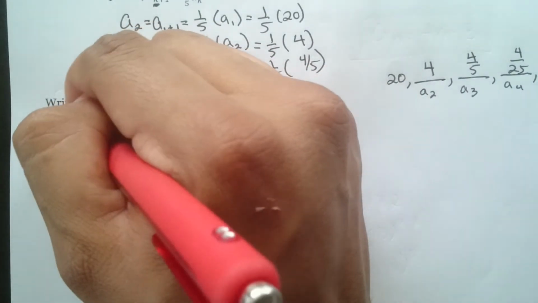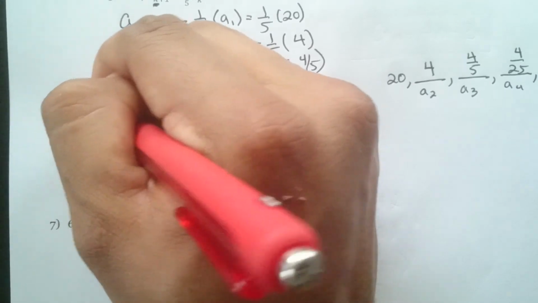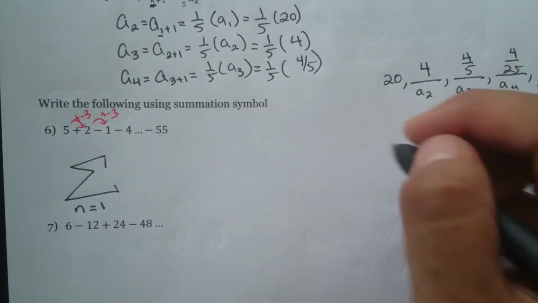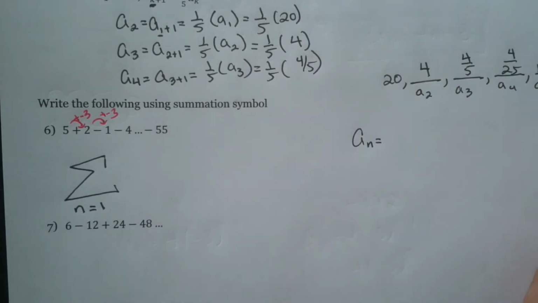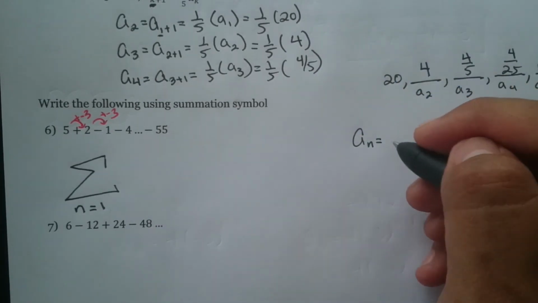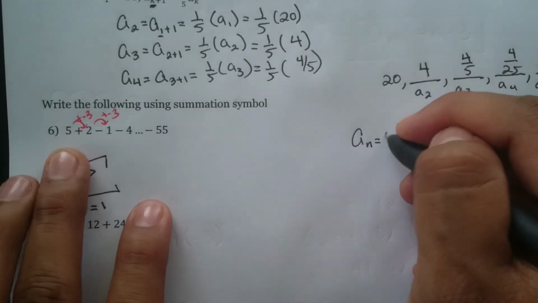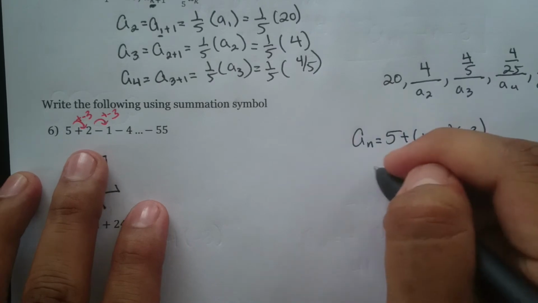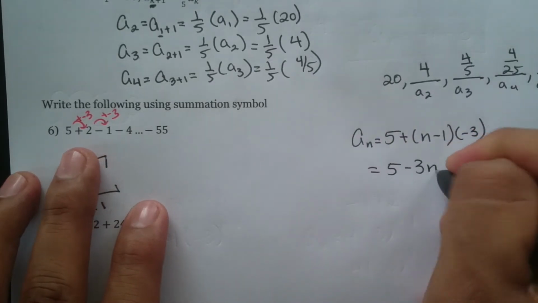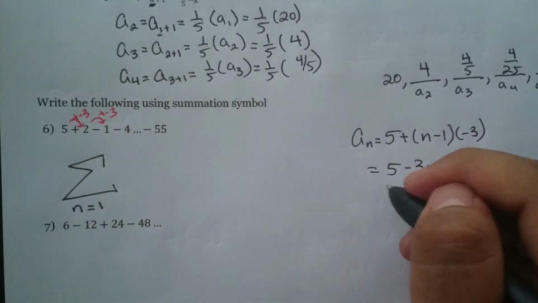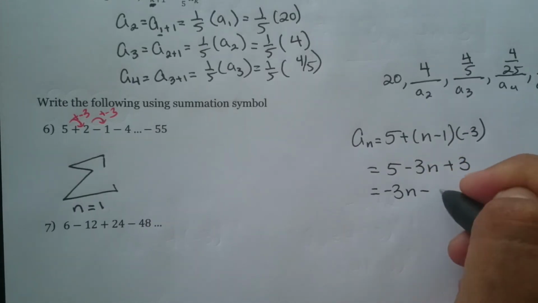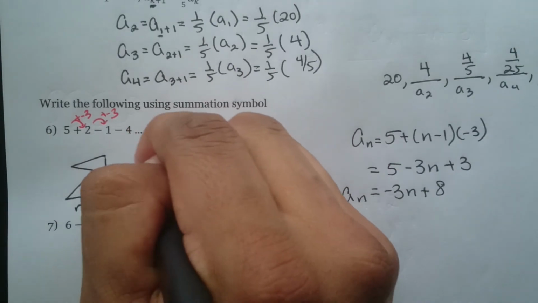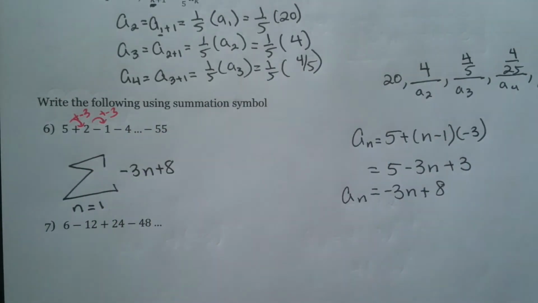Well, you should notice that I'm adding -3 each time. So since I'm adding, I need to do arithmetic. So I need to have an equation. This is the one where it's a sub 1, which in this case is 5, plus n minus 1 times my common difference. So I distribute the -3 and end up getting the equation is negative 3n plus 8. Again, 8 minus 3n also works.